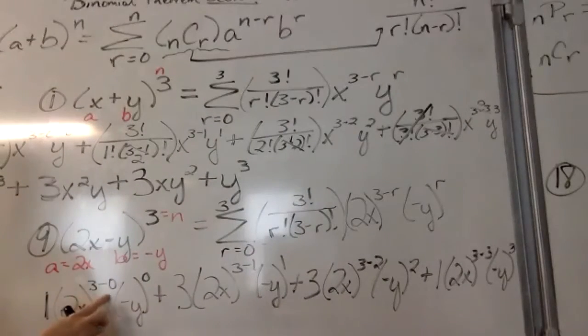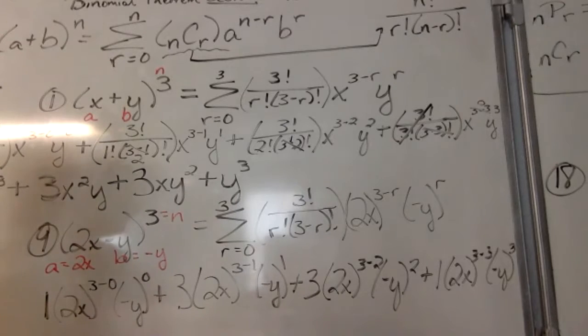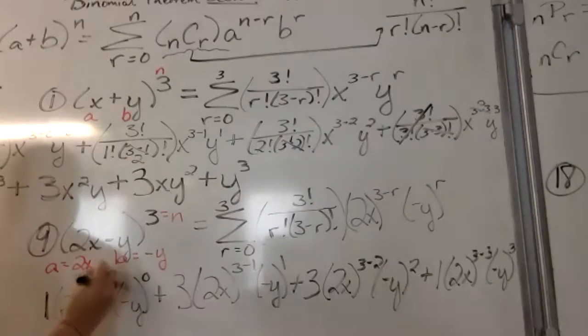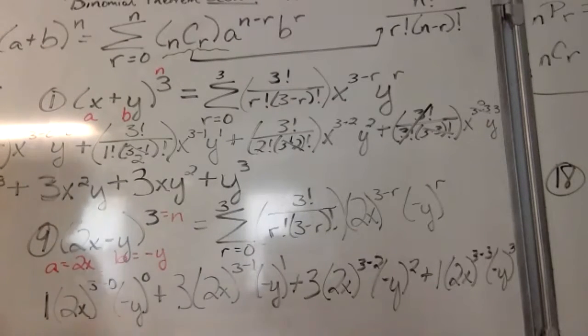So 3 minus 0 is 3. Anything to the 0 power is just 1, so I don't have to mess with that. I won't have a y. Remember, did we have a y term on the first one here?